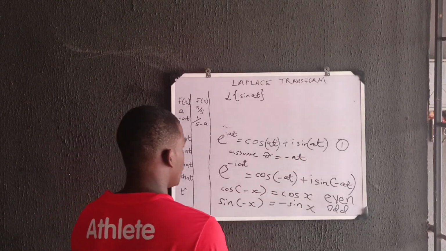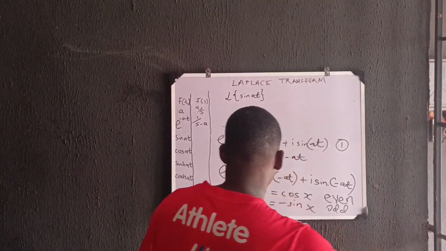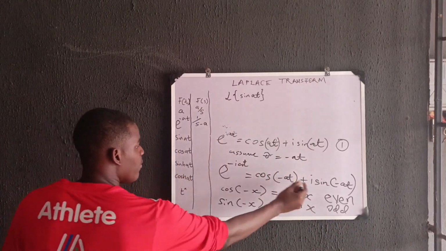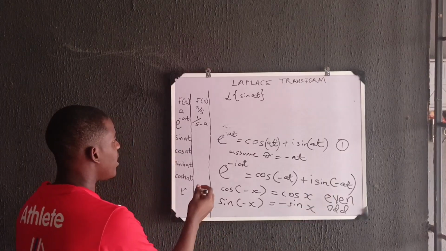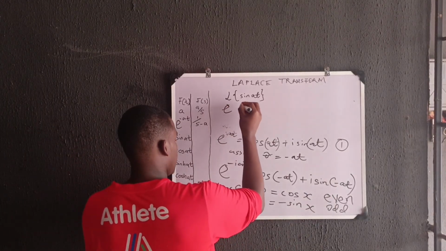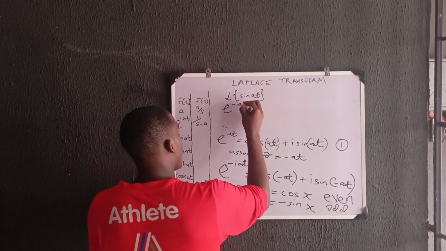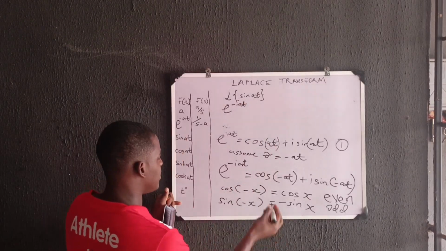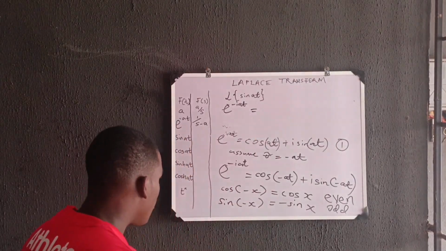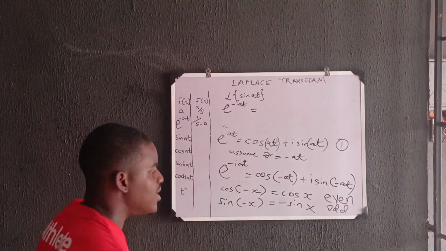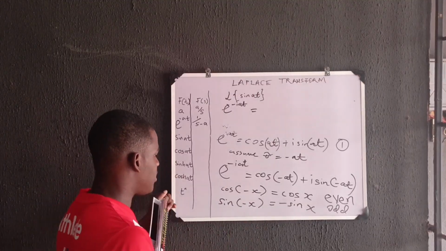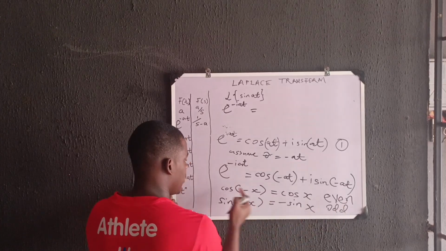So we still have our equation 1. Let's find out equation 2. From this now, what can we say e to the power negative i at is? We are going to say cos of minus at is the same as cos of at, because it is even.